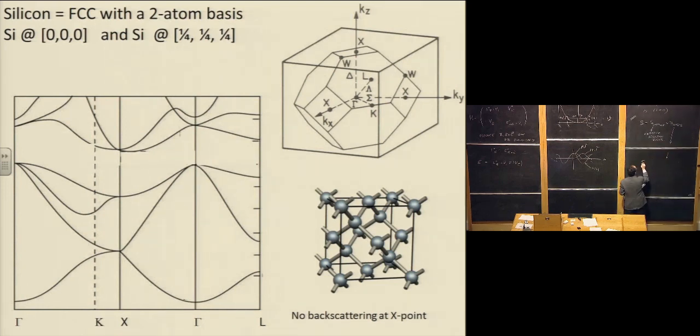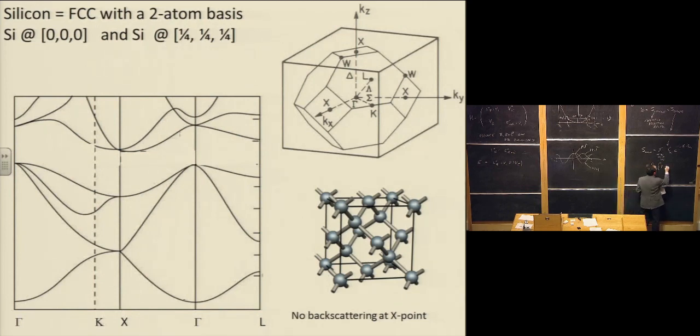S basis, you'll recall, is the sum over atoms alpha in the unit cell of f sub alpha, the form factor, times e to the i G dot r alpha. And if we do this for silicon, we'll get f silicon, and then it'll be 1 for the point at 0, 0, 0.